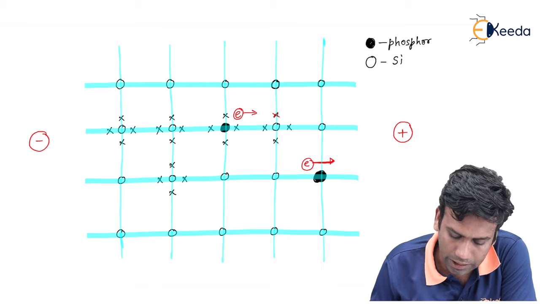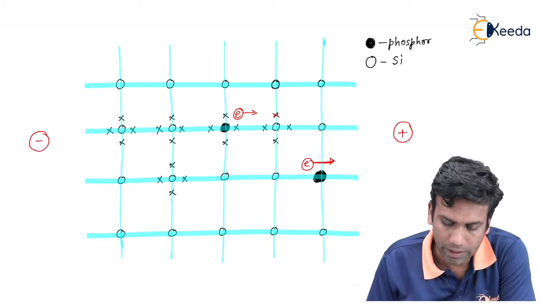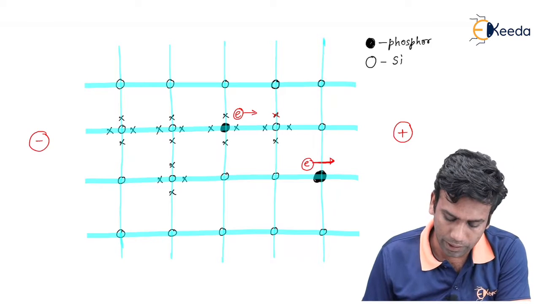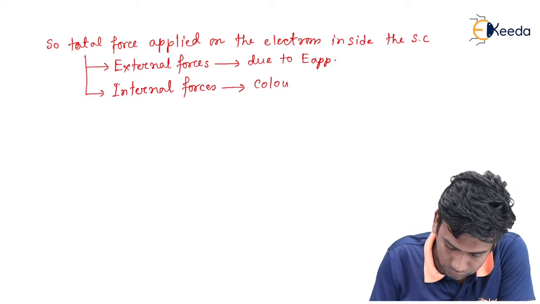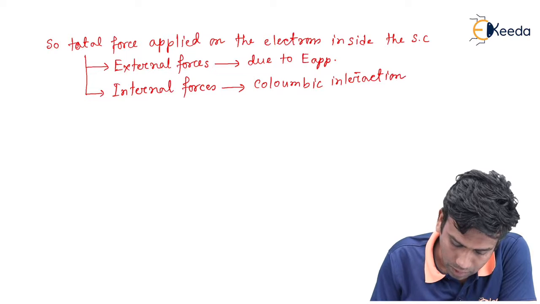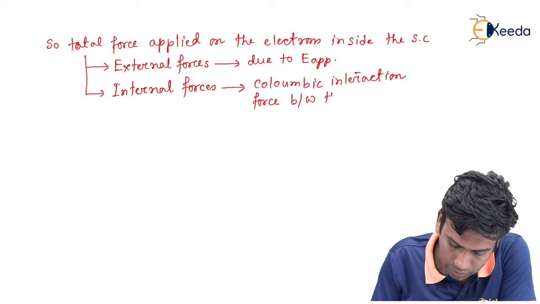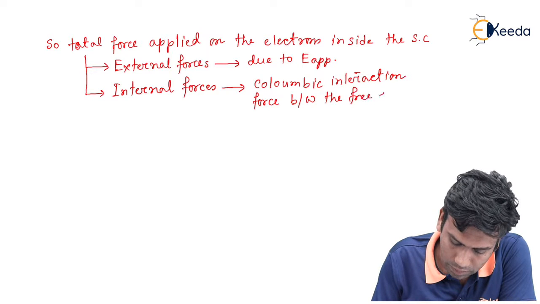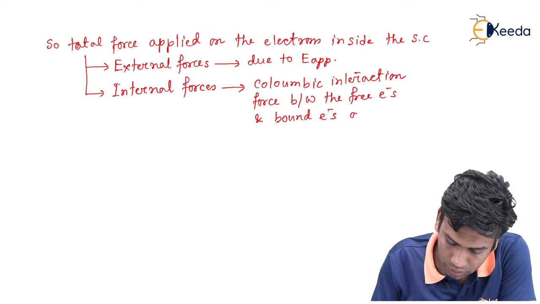So the internal force acting on the free electrons will be the Coulombic interaction force between the free electrons and bound electrons or holes.